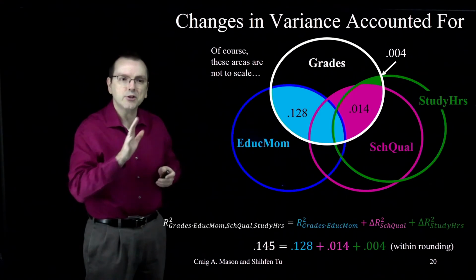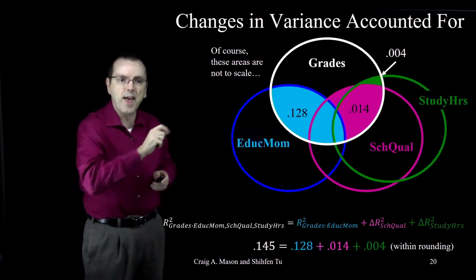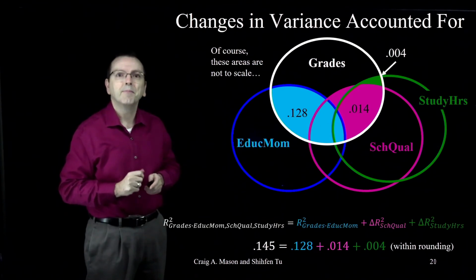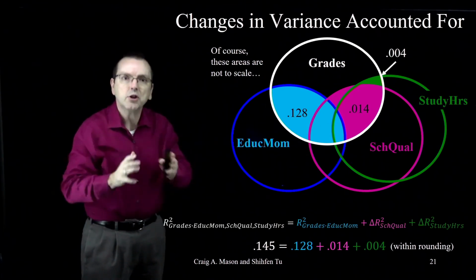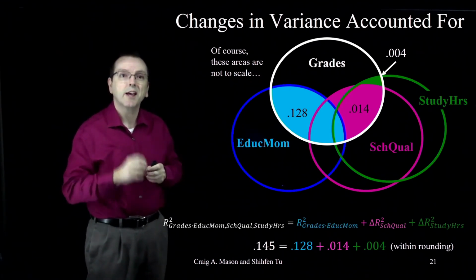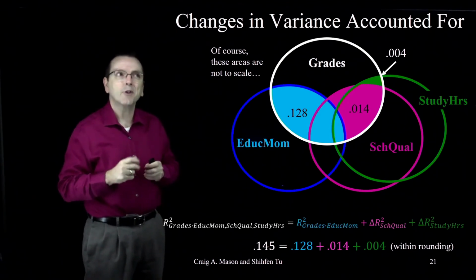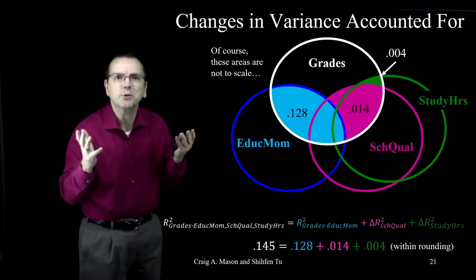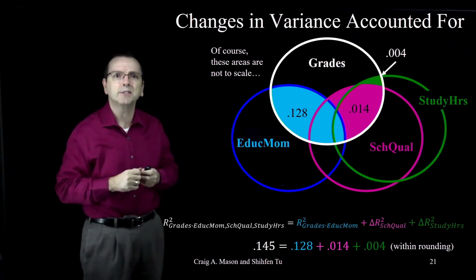Let's see that again just to be clear, right? We're talking about that variance. Now, in this case, the model determines who gets credit for variance shared by multiple predictors. This is how sequential multiple regression addresses that question of who gets credit for that overlapping shared variance, right?